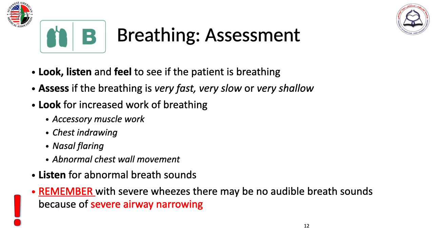Look for increased work of breathing: if the patient is using accessory muscles, there is nasal flaring, abnormal chest wall movement, and chest wall indrawing. This means there is distress. Listen for abnormal breath sounds like wheezes, but remember that in those with severe or life-threatening asthma, the wheezes could be absent.